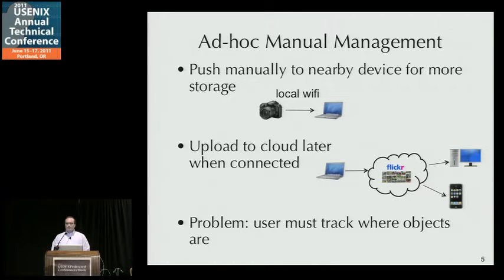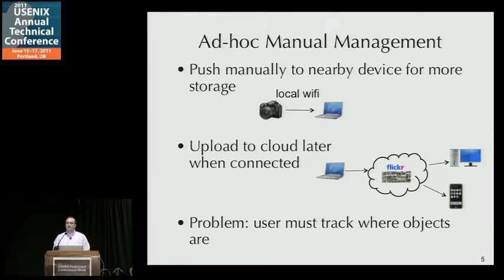The problem with doing this is that the end user has to pay attention to all the details. They have to set up the local connection. They have to decide where things should go, and they have to remember later on, when they're somewhere with a working network, to manually push things back to the central store.